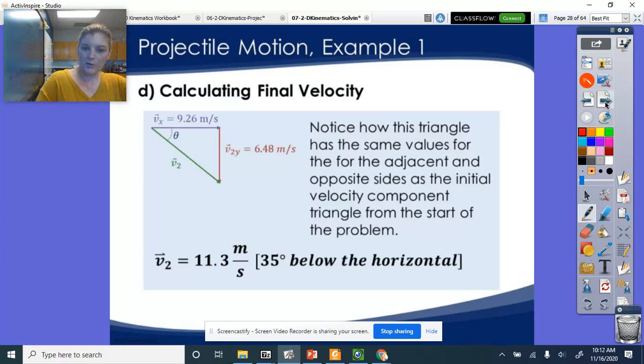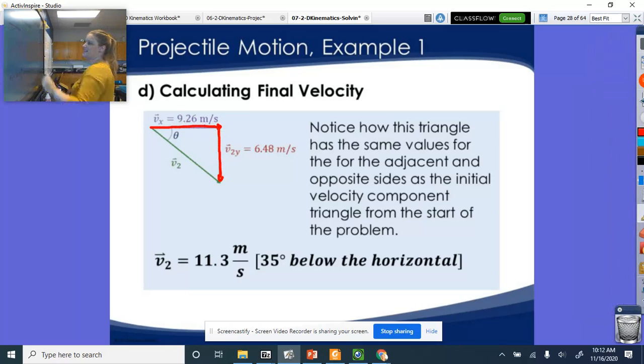Okay, so now we have our final velocity in the x, or final velocity in the y. Our x is always remaining the same. So our triangle is remaining the same. And we talked about this earlier, but this is just, they threw this in at the end. But we've already done this. We already had the y, we already had the x. They stay constant from when we started.